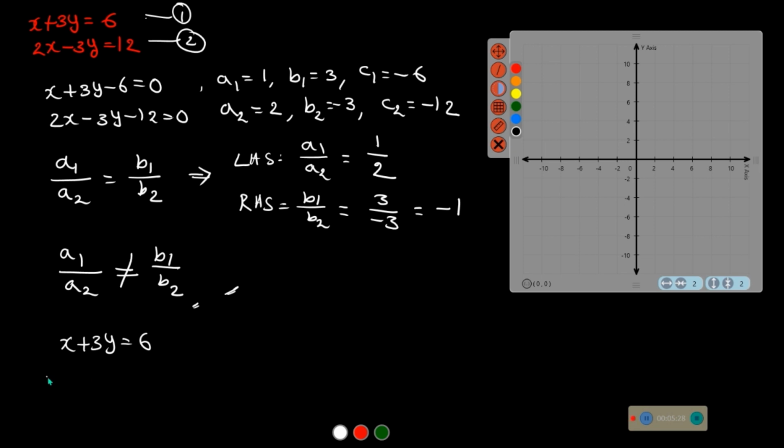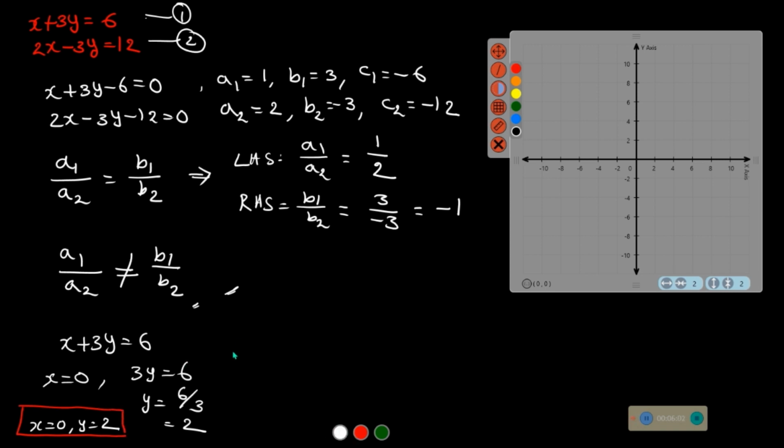It's easy to take x is equal to 0 and find y. Putting x is equal to 0 into this equation, we get 3y is equal to 6, so y is equal to 6 by 3, that is y is equal to 2. So we got a data point: when x is equal to 0, y is equal to 2. This is one point. Let's take another point.